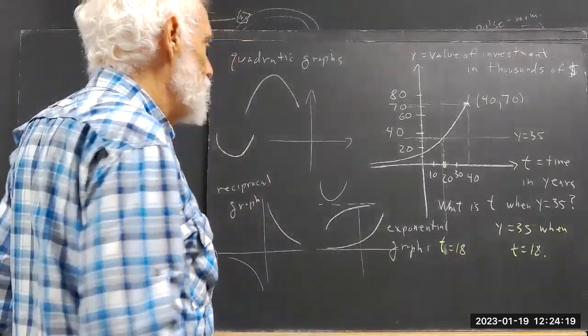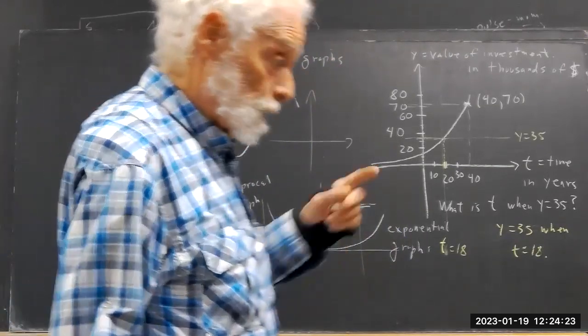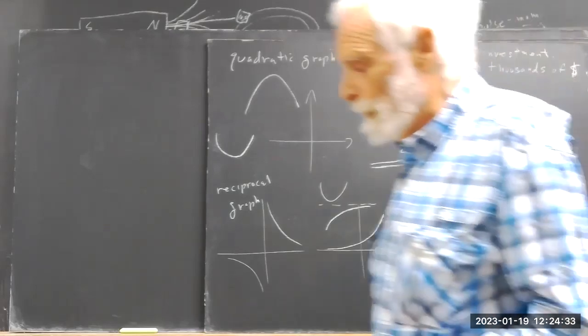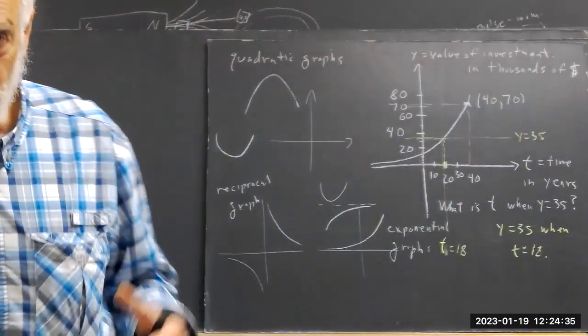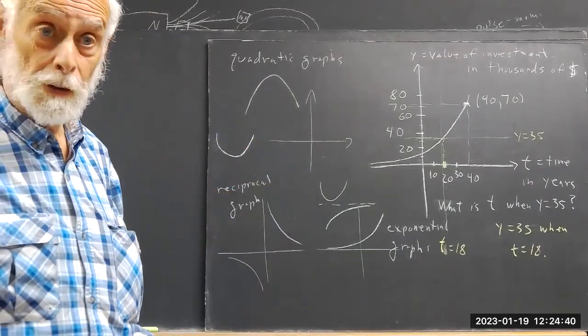Okay, so one of the questions you're going to have for homework on the sheet involves drawing graphs of these basic shapes at different points. And we'll see how you do with that. But you have to know what the basic shapes look like. You've drawn them. Now you know what the basic shapes look like.